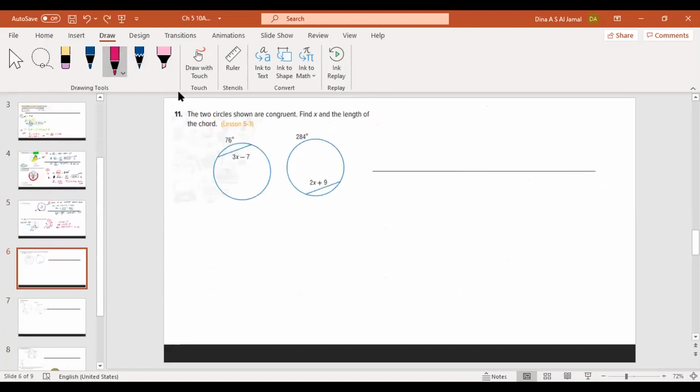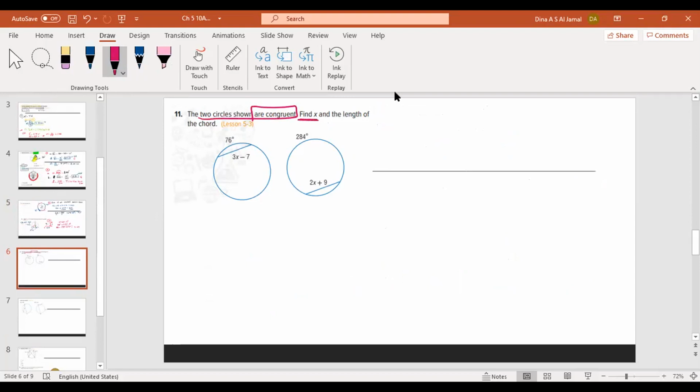You have another question related to lesson 3. Two circles are congruent. So you know that this circle is congruent to this circle. He would like you to find the x and also the length of the chord. Good.